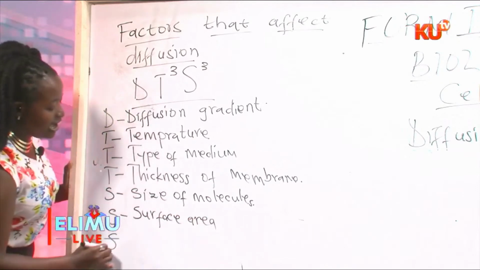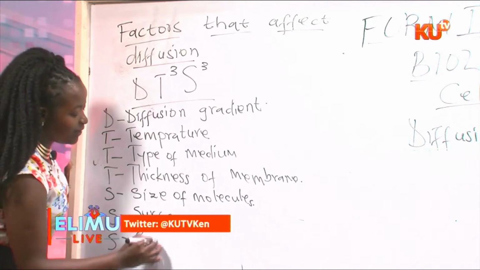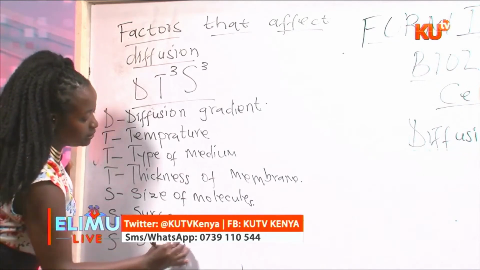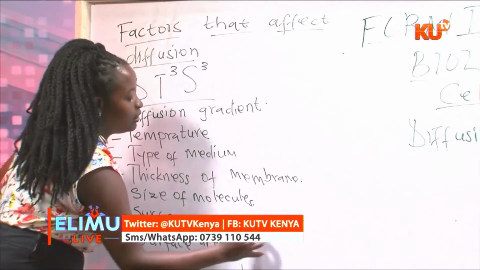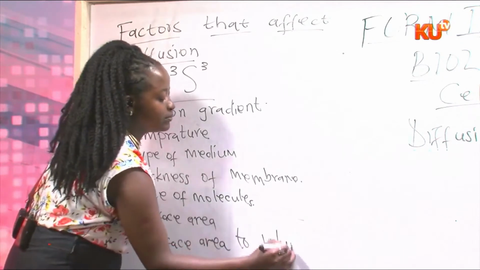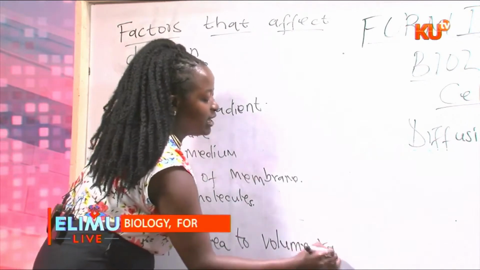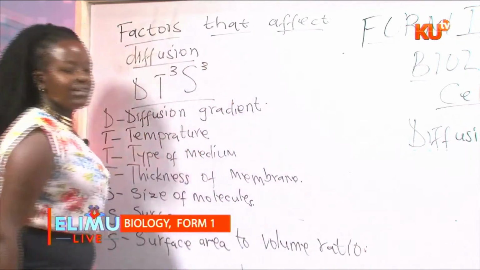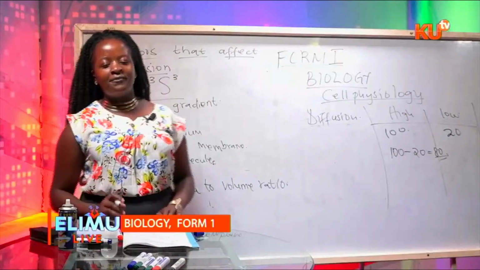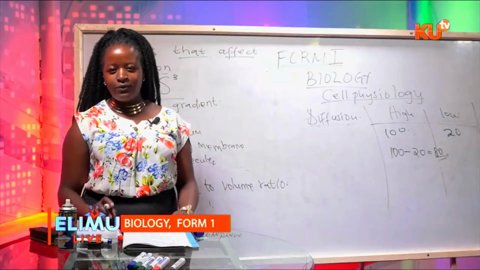And the last S is surface area to volume ratio. So these are the 7 factors that affect the rate of diffusion.